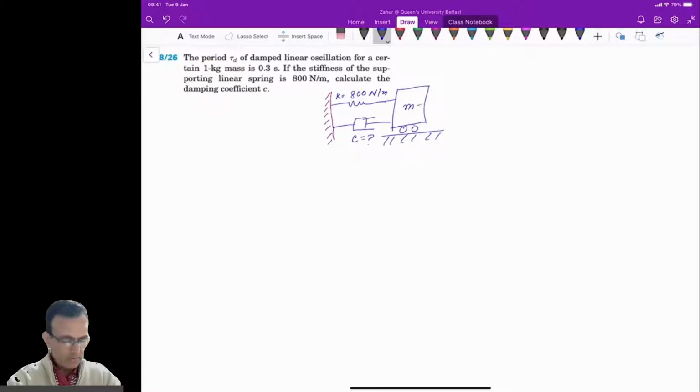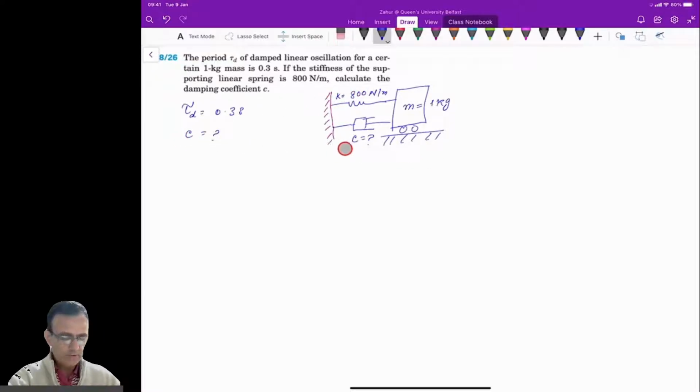Mass is given, which is 1 kilogram, and you are also given the time period of the damped linear oscillation, which is 0.3 second. You are given tau d, which is 0.3 second. If the stiffness is given, calculate the C. So you need to calculate C here.